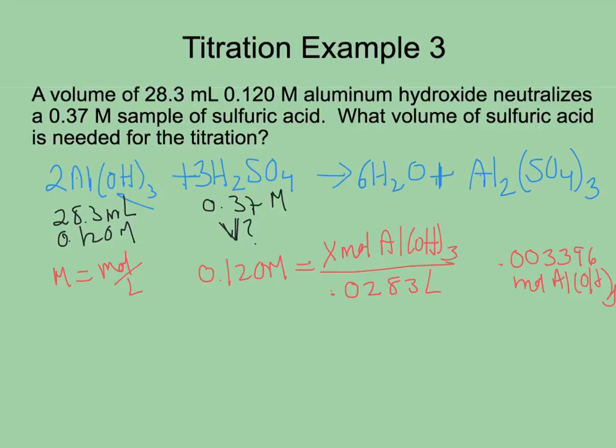Next, find the moles of the substance that you are interested in, which is the H2SO4, so use the molar ratio for that. So 0.003396 moles of Al(OH)3. On the bottom, you're going to put moles of Al(OH)3. On top, you're going to put moles of sulfuric acid.